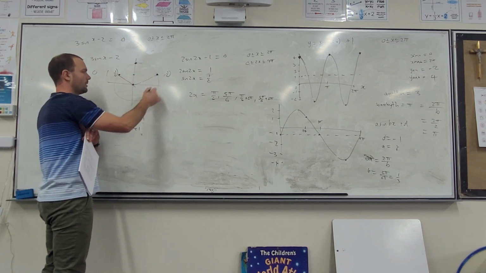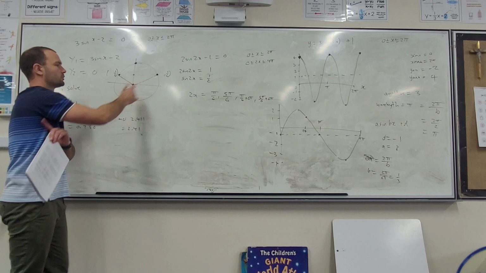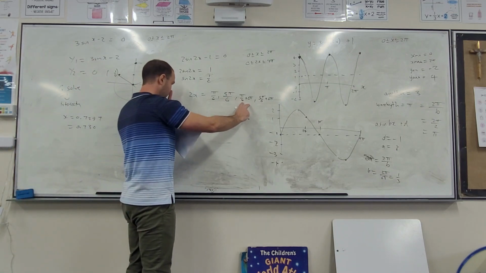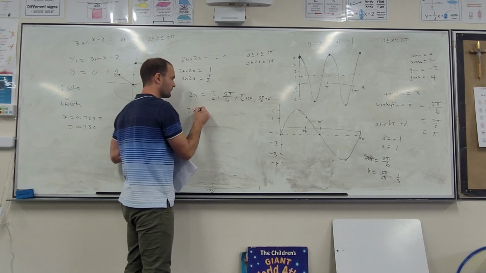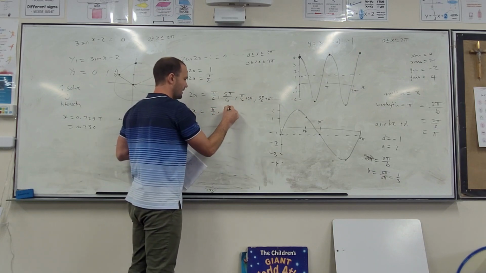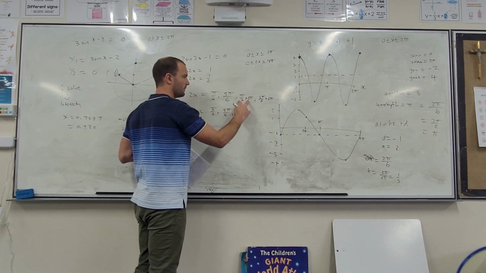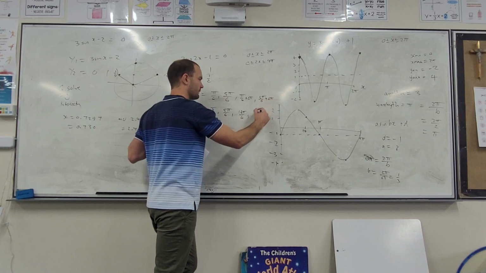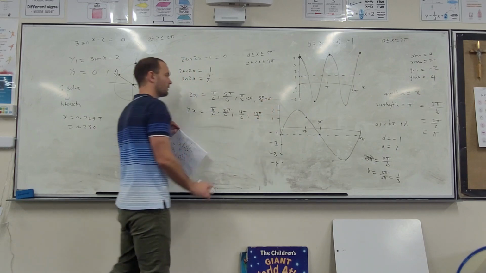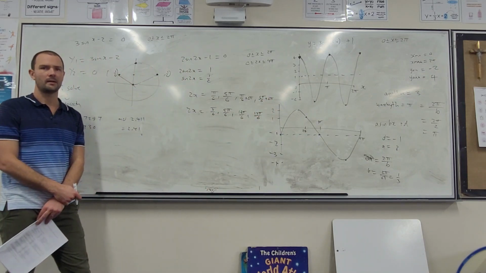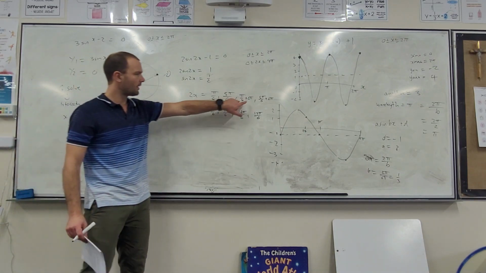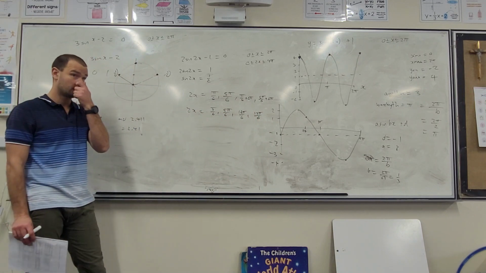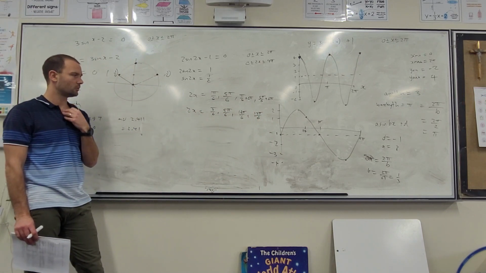So we've got pi on 6, 5 pi on 6, 13 pi on 6, and 17 pi on 6. I put that in my calculator to get those extra 2 in the second rotation of the circle.